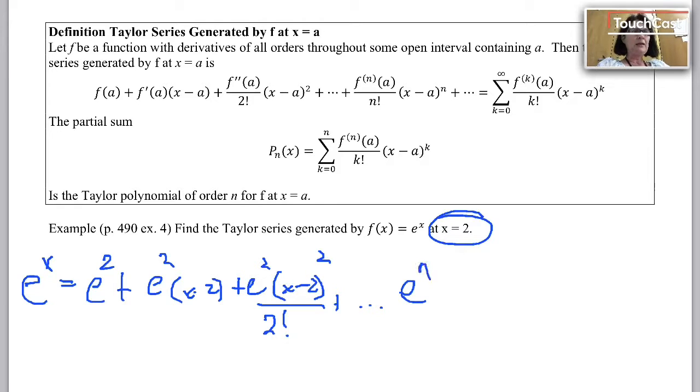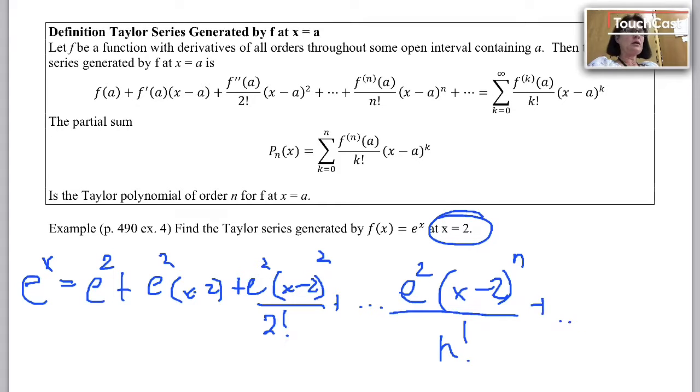That was always e squared, because that was supposed to be the nth derivative evaluated at x equals 2. And the nth derivative for this function, because it's special and awesome, is always e to the x, so evaluate that at a, and we always get e squared, times x minus 2 to the n over n factorial, plus dot dot dot.